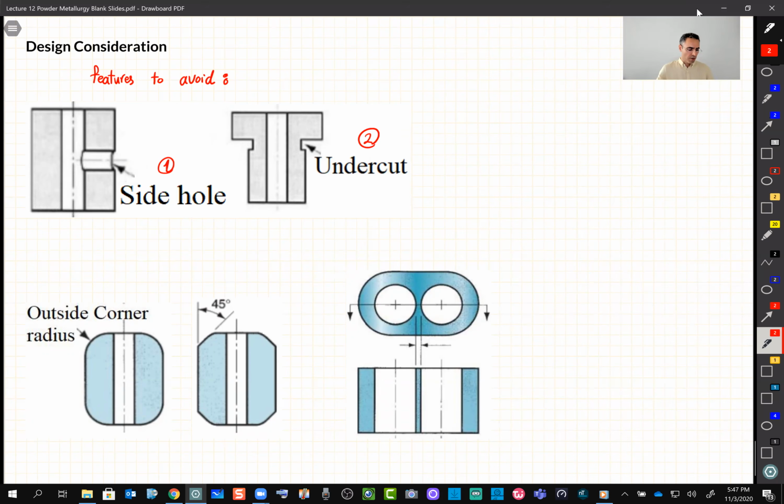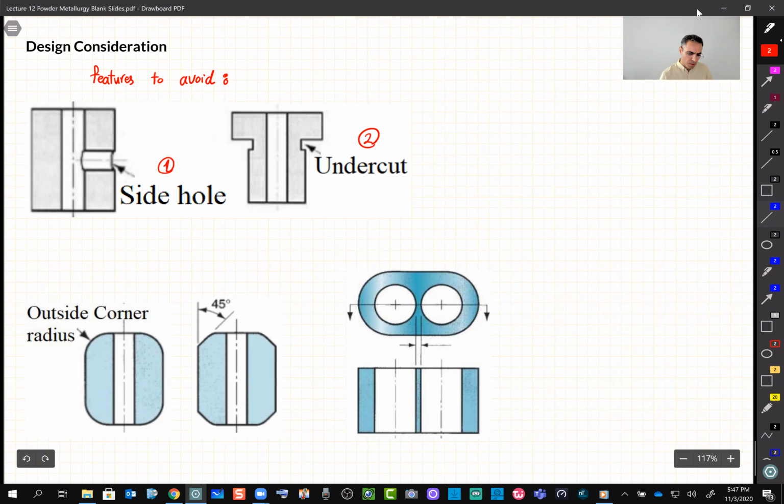Exactly. When you compress it into the mold, with an undercut and with a side hole, as you mentioned, it's difficult to fill in the mold and compress it, right? You can think of, let's say, this one: you put it into a mold, fixed here, and you compress it from the top.